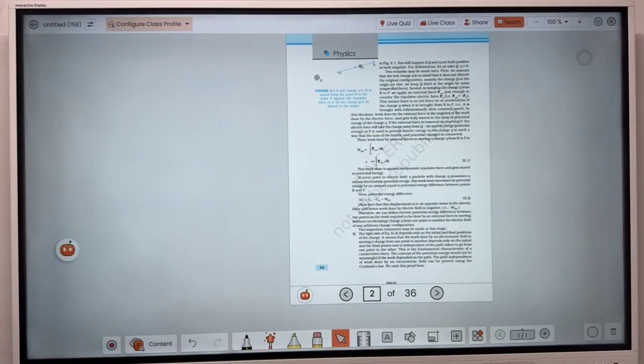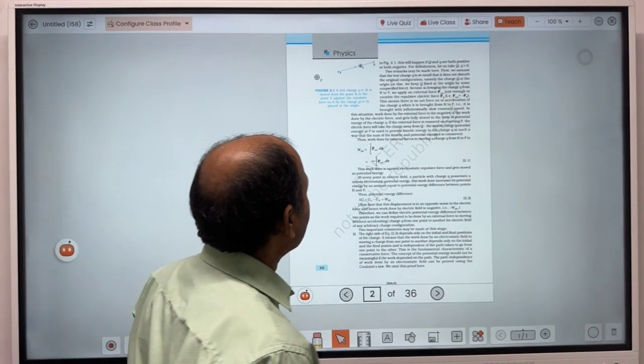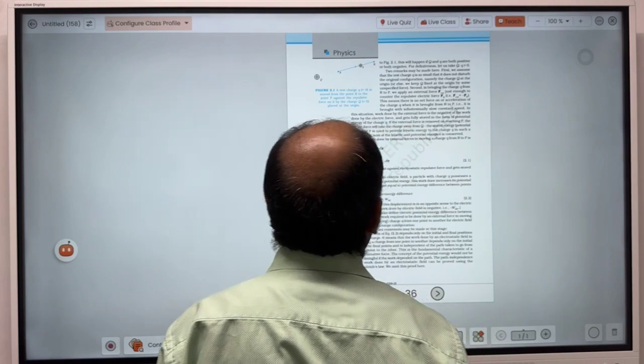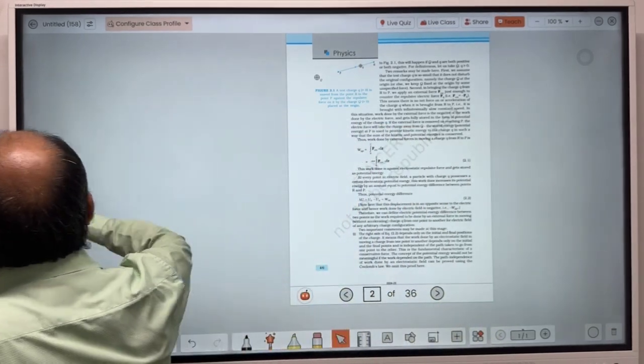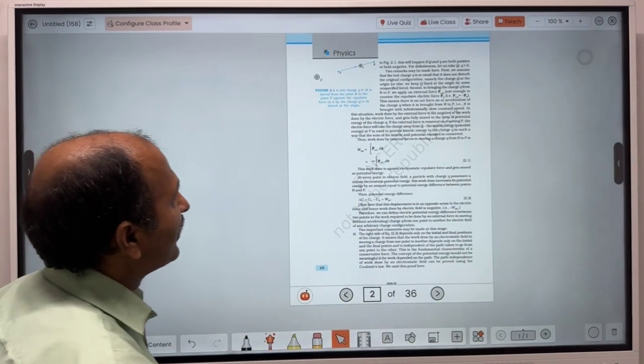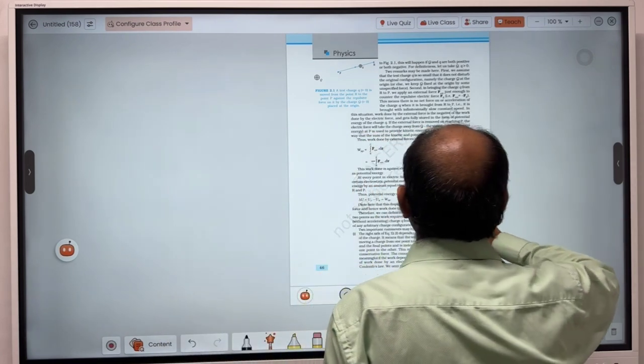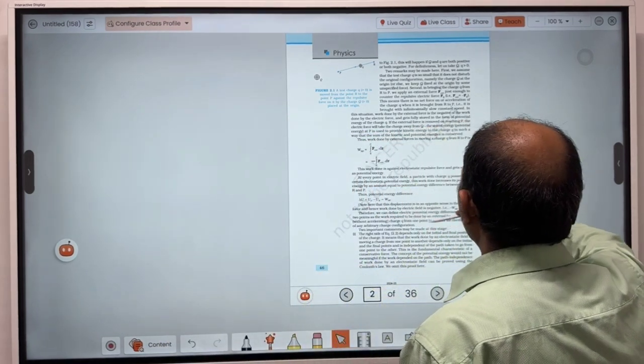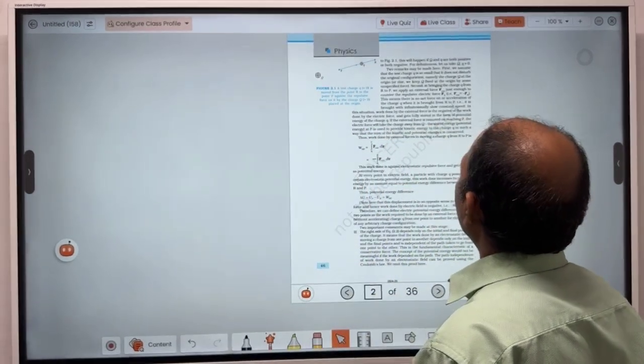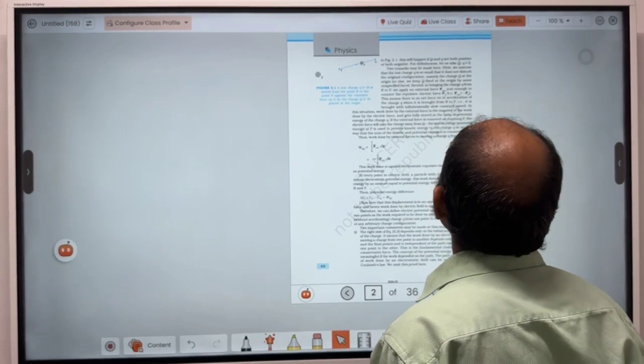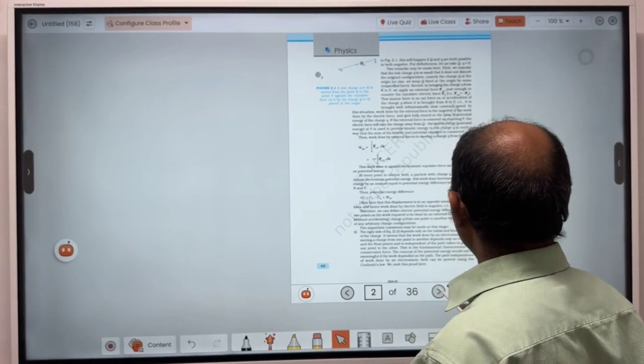Here also we will see that change in potential energy is equal to work done, and with the help of potential energy, we will derive the relation for potential and other related terms. So let's see one by one.